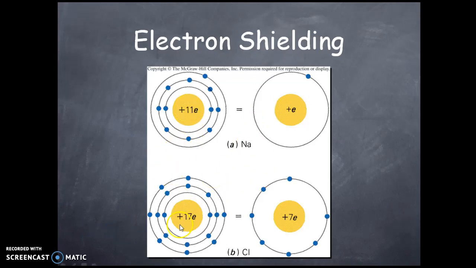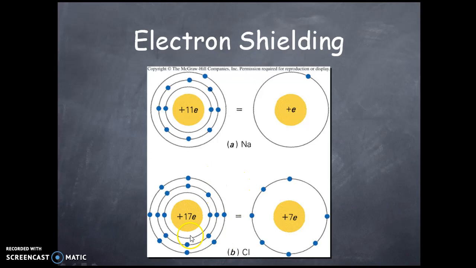When sodium and chlorine are mixed together, the sodium gives away its electron and chlorine readily accepts that electron. So sodium becomes Na plus because it gave away one of its electrons. It would have 10 electrons and 11 protons. Once chlorine accepts the electron, it has 18 electrons, which is one negative charge in excess, and 17 protons because nothing happened to the protons.